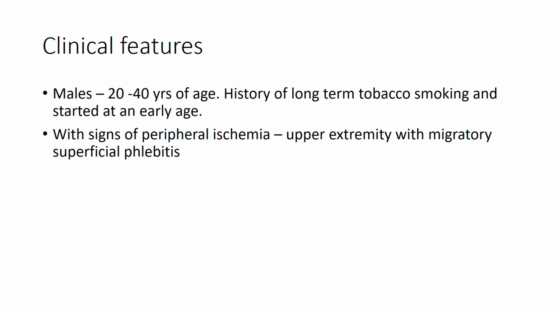Because of the reduced blood supply, you can see certain signs which we will discuss in the coming slides. And he may also give a history of recurrent superficial phlebitis. Okay, so a male in the age group of 20 to 40 years with a long-standing smoking history, who gives further symptoms of superficial phlebitis, always suspect Buerger's disease in the background.